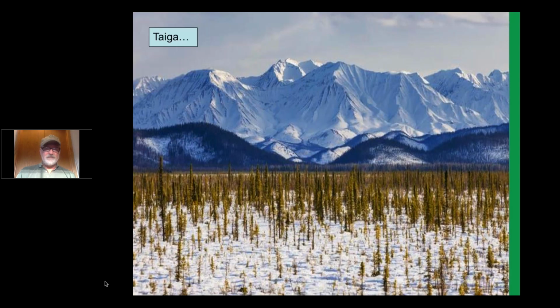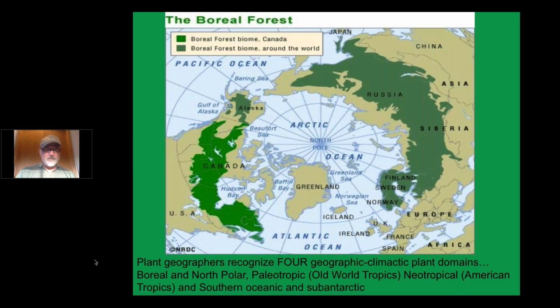So in these regions right in here would be where you see a lot of the taiga, the boundary between boreal forest and tundra, and the higher elevations in the boreal zone itself.